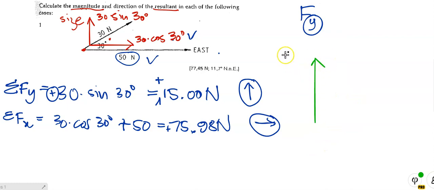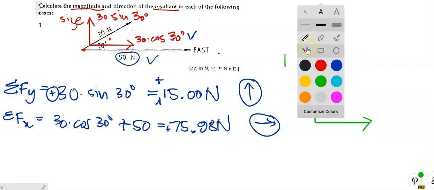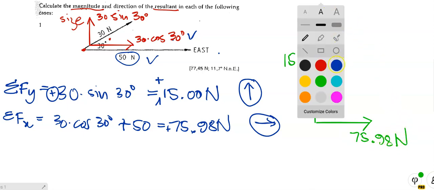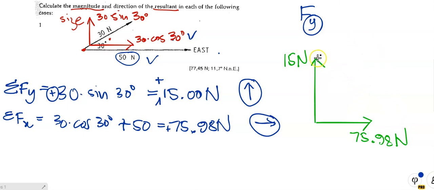There's my 50 newton force acting over there. Let me first finish this off. 50 newton going upwards. This is 75.98 going horizontal. So if I complete my rectangle like so, notice what we did earlier.